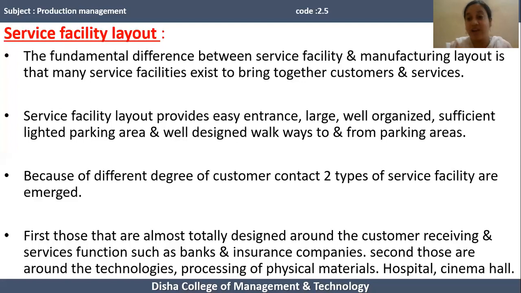The first service facility layout suggests various ways in which the customer will be received in a better way, and in what way the organization provides various services to the customer, so that the customers are satisfied with the organization. Take the example of banks and insurance companies.